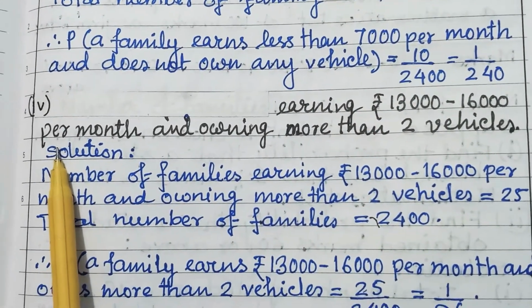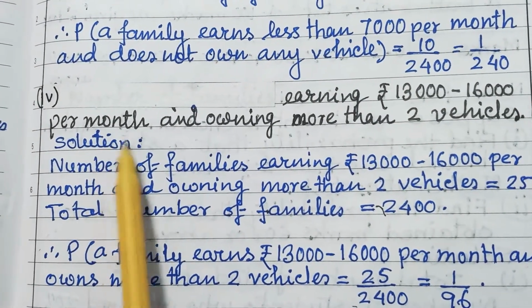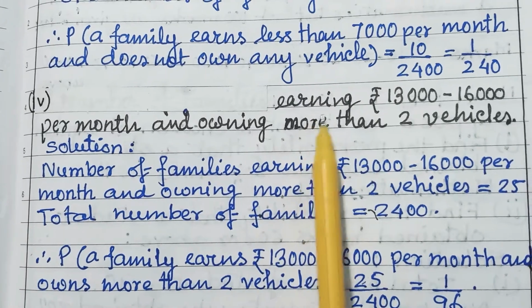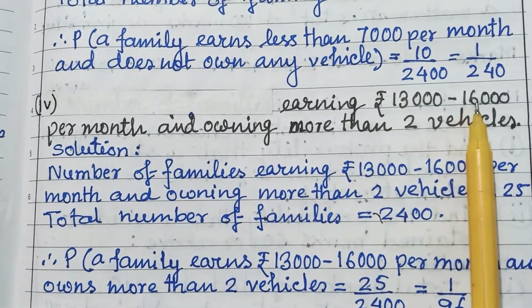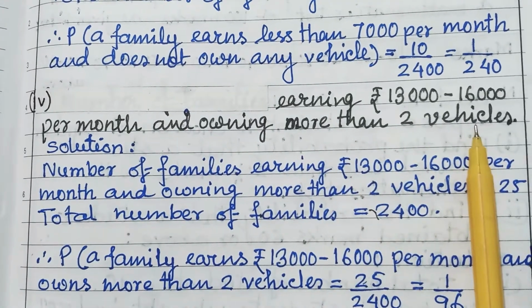Now the last part, the fourth part: earning rupees 13,000 to 16,000 per month and owning more than 2 vehicles.